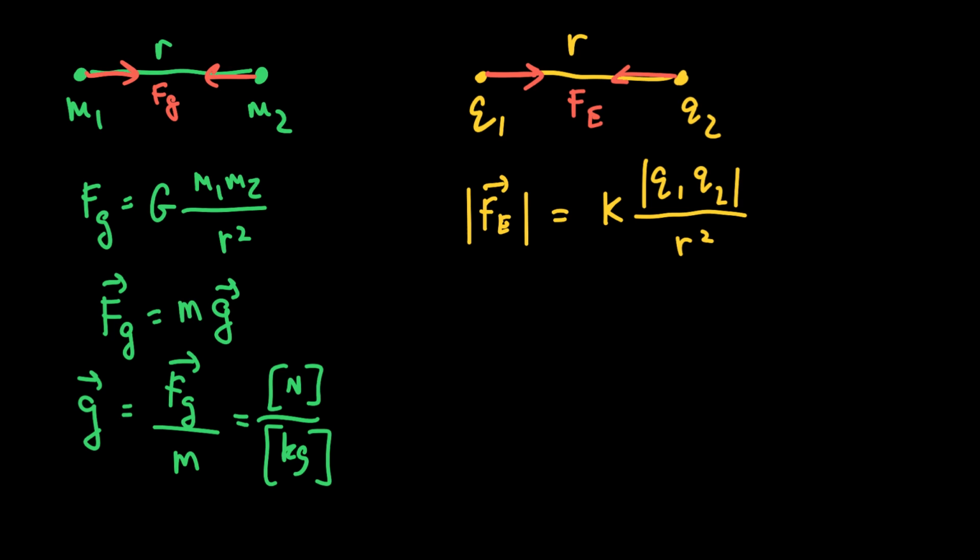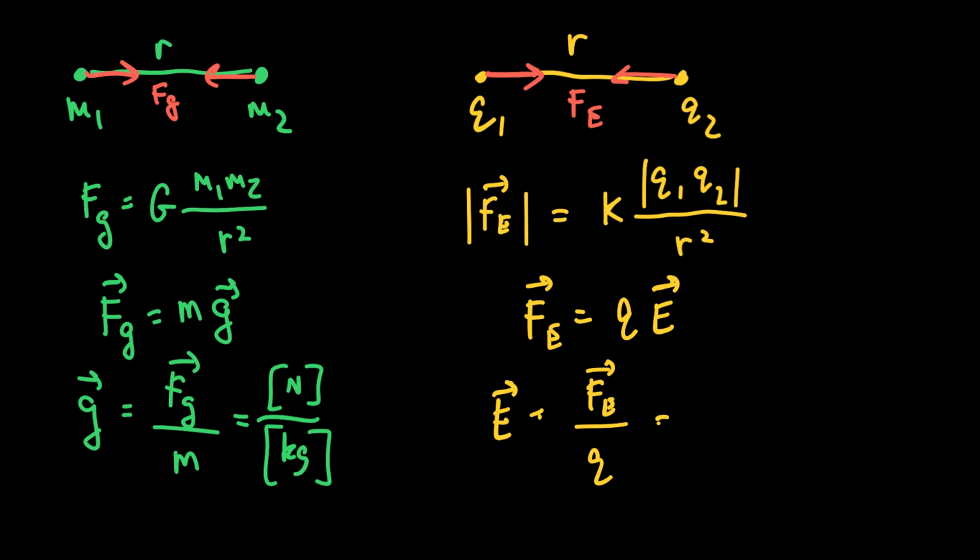And similar to the gravitational force, we can define the strength of the electric field as the force exerted by the electric field on a unit of positive charge. So an electric force Fe exerted on a positive charge Q due to an electric field E. And so the electric field is defined as the electric force per unit of positive charge Q, which therefore means it will have units of newtons per Coulomb.